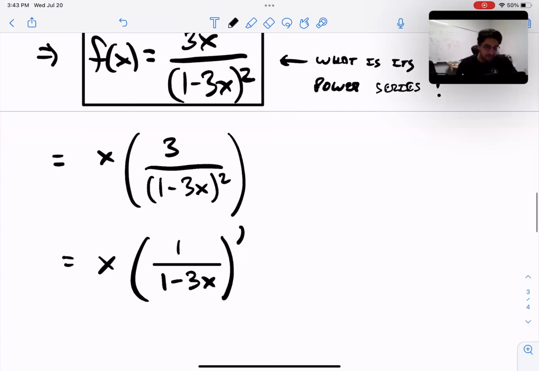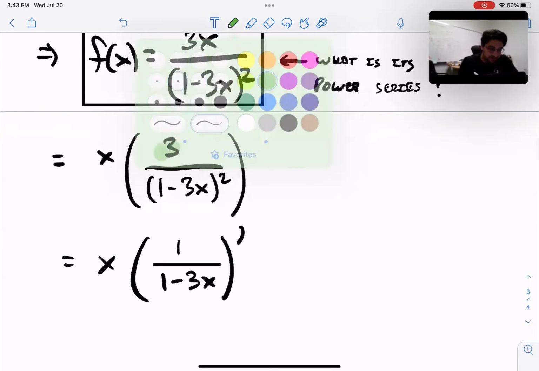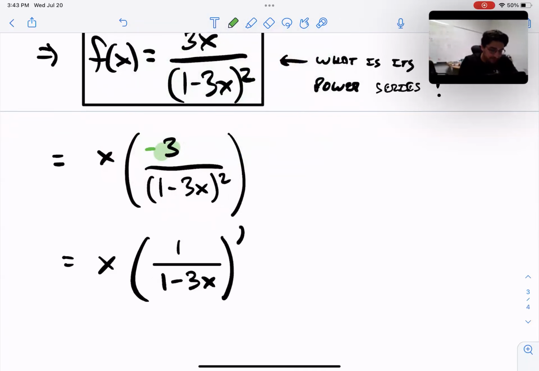Think of the denominator as a -1 exponent. Do the power rule. So the -1 power becomes a -2 power, right? And then there's also a chain rule that spits out this -3, right? But fortunately, the negative on the -3 from chain rule will cancel with the -1 from power rule.